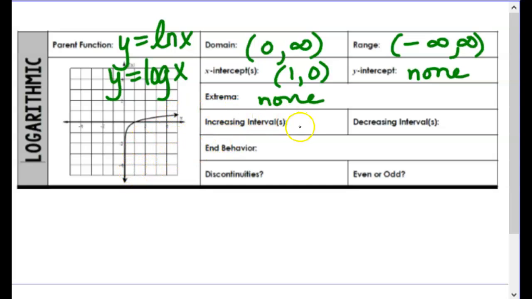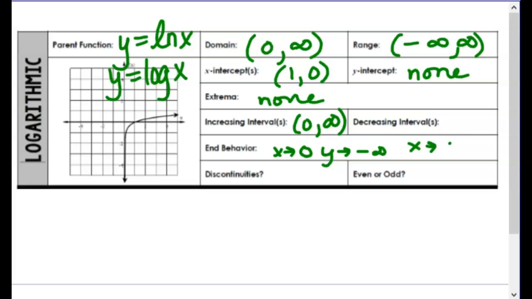The way this is drawn, it is always increasing. The domain interval would be from 0 to the right. The end behavior would say as x gets close to 0, the y is going down.